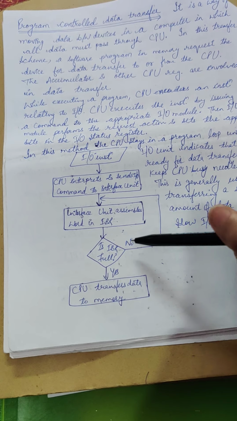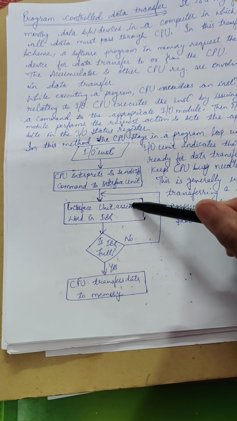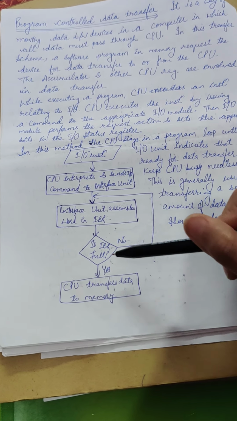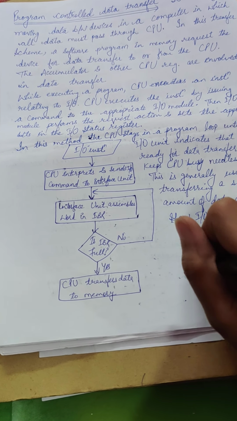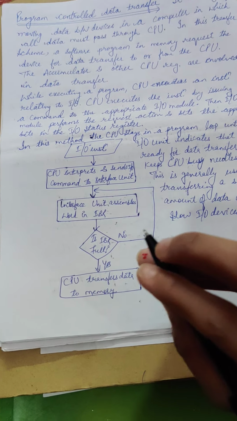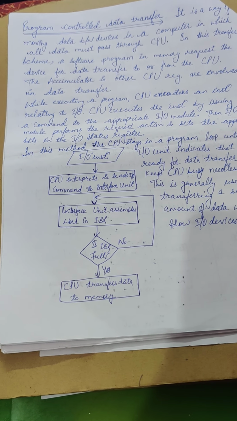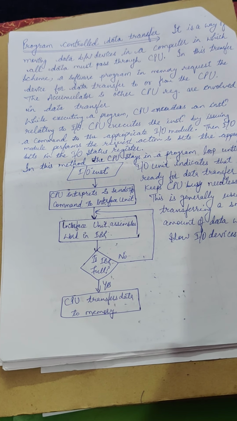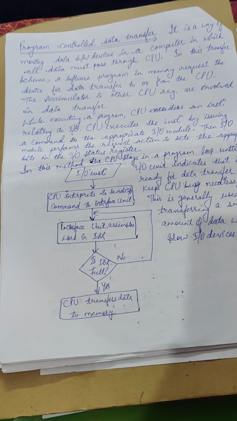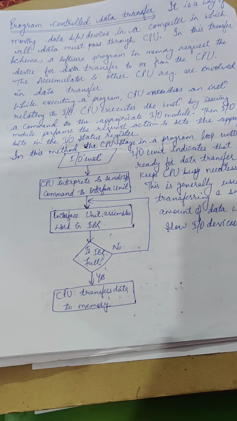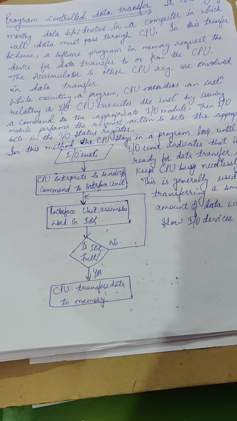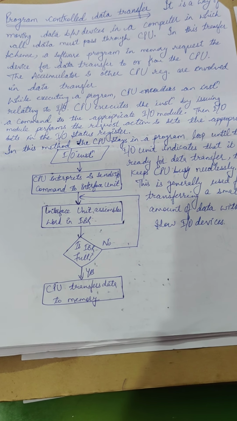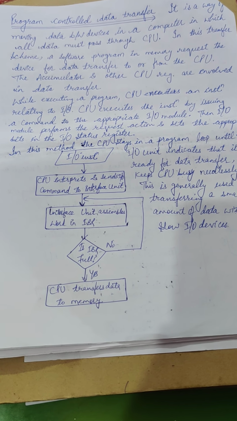And if the IBR is not full, then the interfacing unit will assemble its data in it. That means the CPU has to be involved in this whether there is a requirement or not, and a lot of the processor's time is wasted. So it automatically affects the data transfer speed. That means a small amount of data is transferred with slow I/O devices.